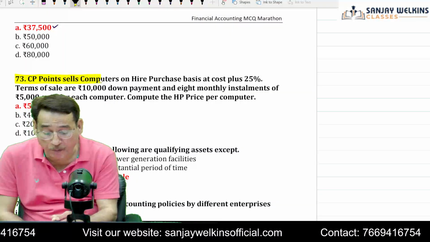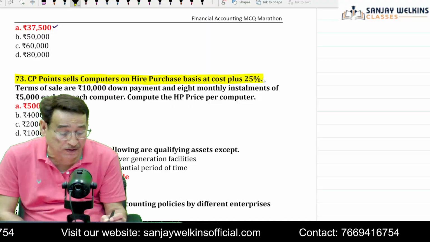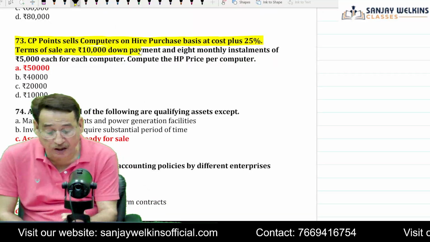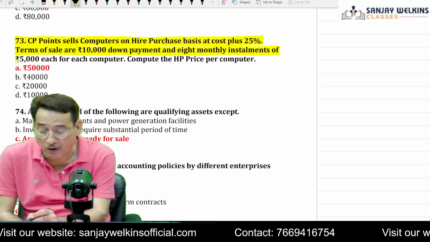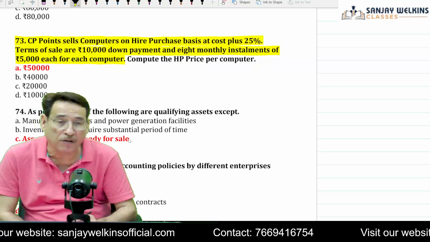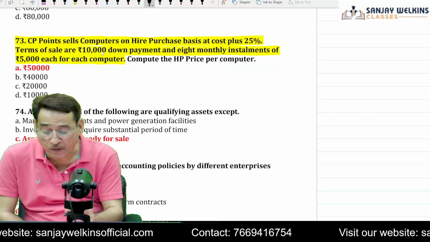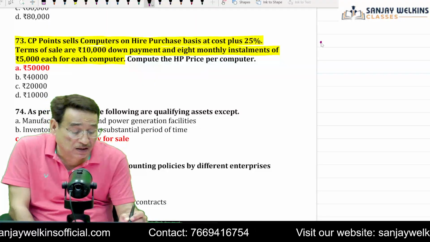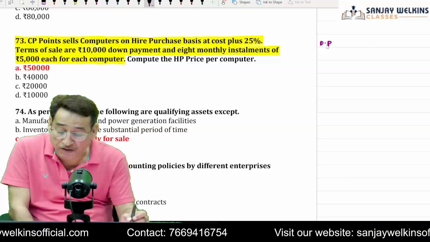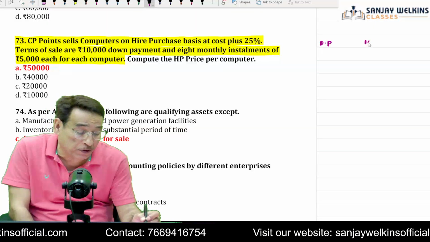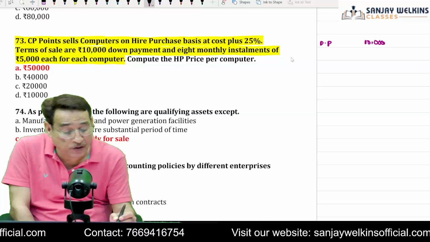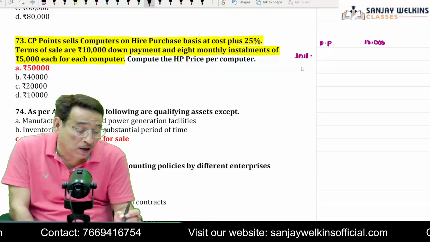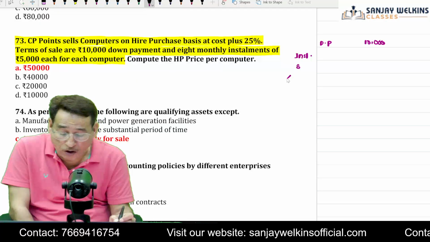73. CP Point sells computers on hire purchase basis at cost plus 25%. The terms of the sales are 10,000 down payment and 8 monthly installments of 5,000 each for each computer. So in this particular case, the question is telling us that this entity sells computers, and when it sells a computer, it asks for a down payment of 10,000, and the purchaser will have to pay 8 installments of 5,000 each.